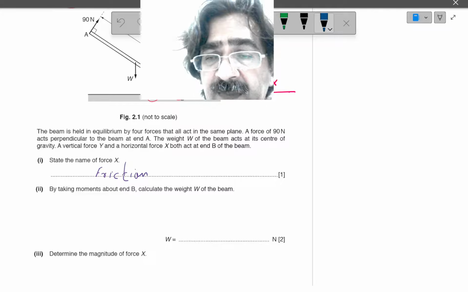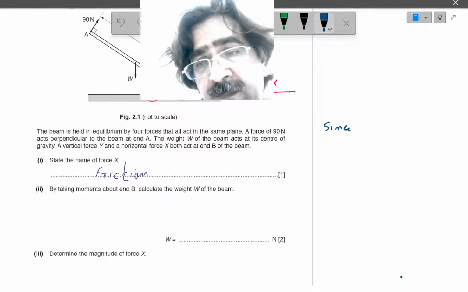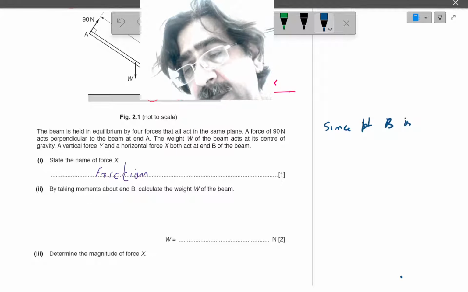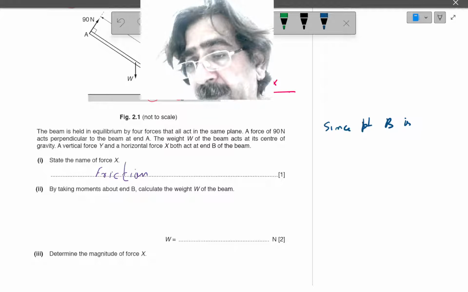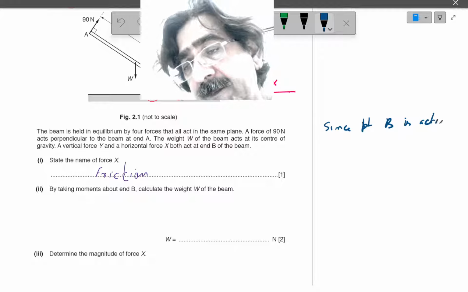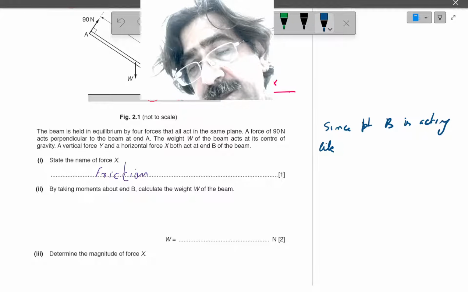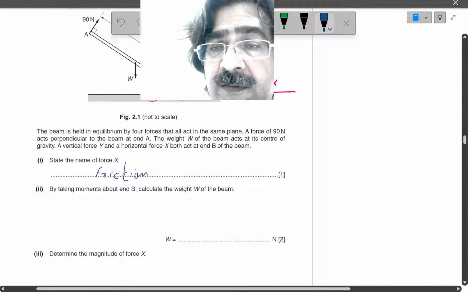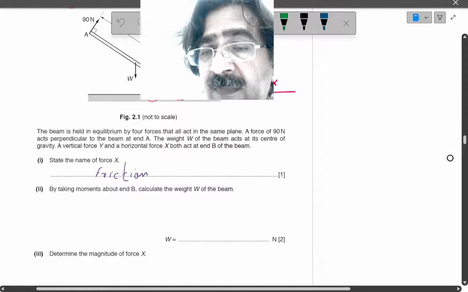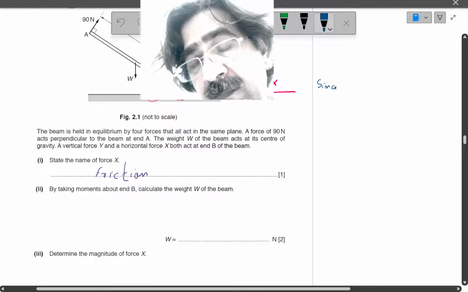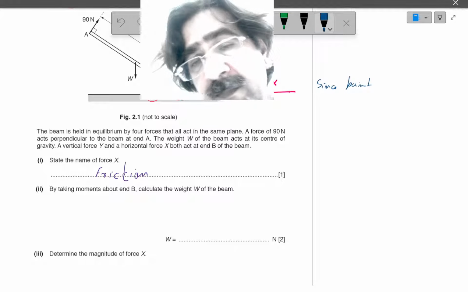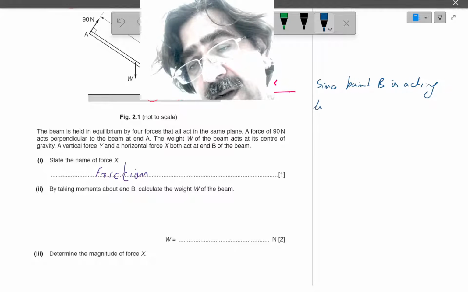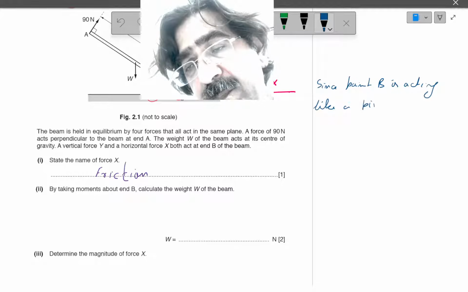Okay, I must write, since point B is acting like a pivot.